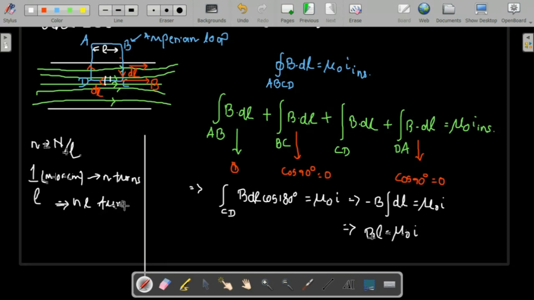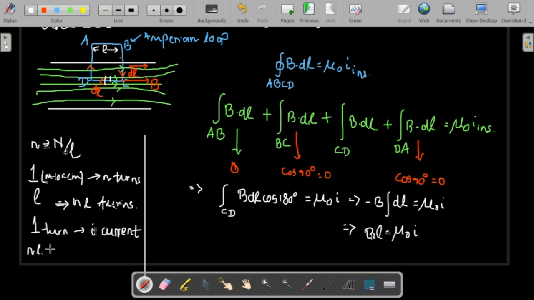This is the normal unitary method. In 1 centimeter, n turns. In L centimeter, n into L turns. Similarly, in one turn the current is I. How many turns are we considering here? For length L, there are nL turns.